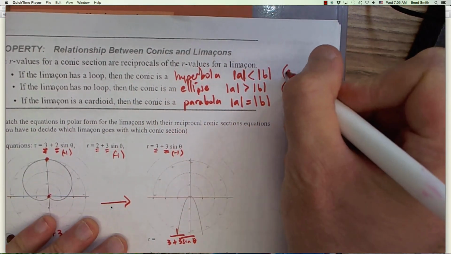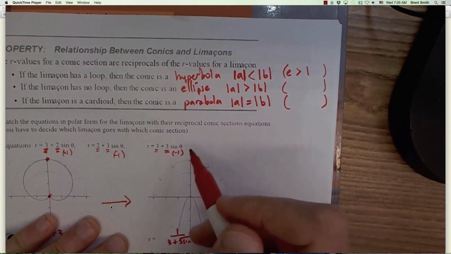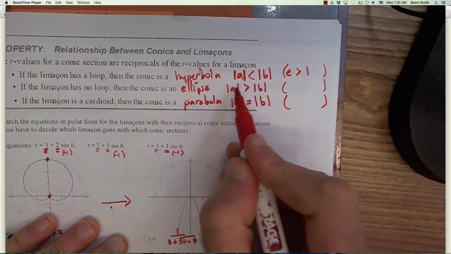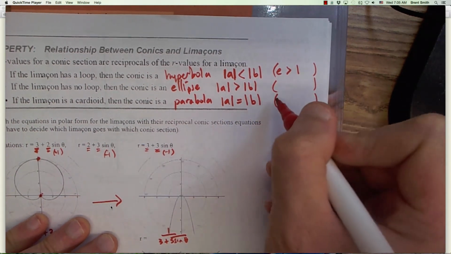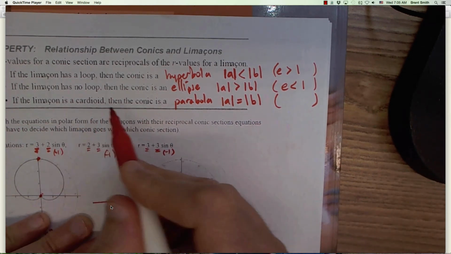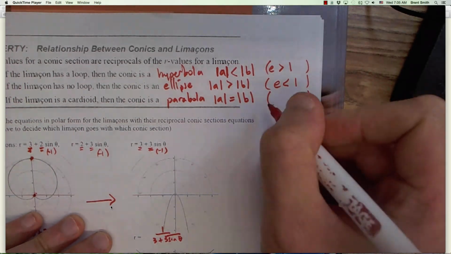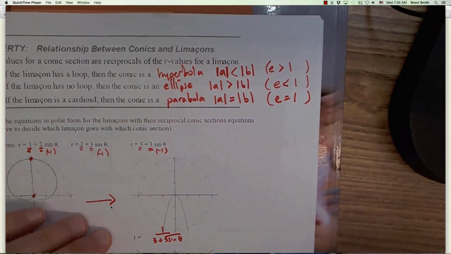So hyperbola eccentricity is greater than 1. If it has no loop, then it's an ellipse, that's the bulge. A is greater than B, it's able to withstand it, so the eccentricity is less than 1. Finally, if it's a cardioid, A is equal to B, the reciprocal function is a parabola, and the eccentricity is equal to 1.